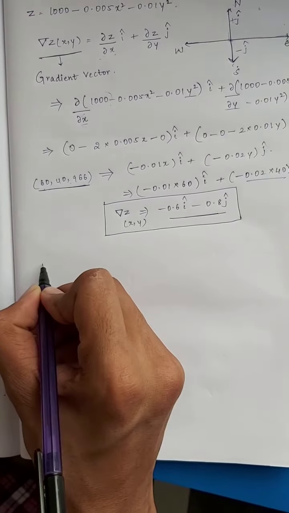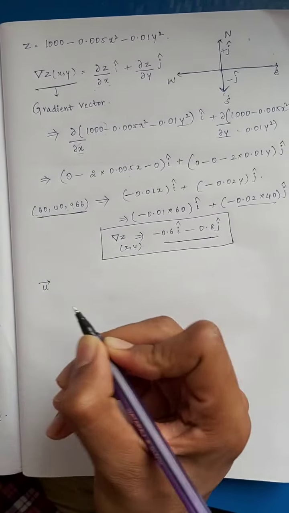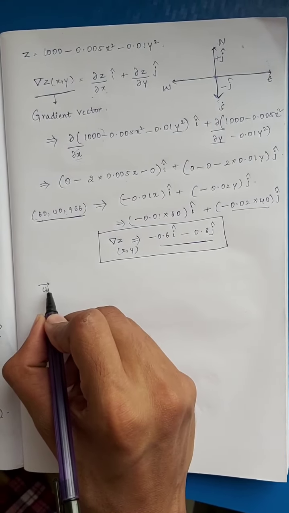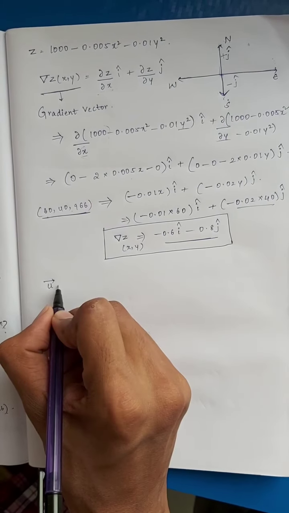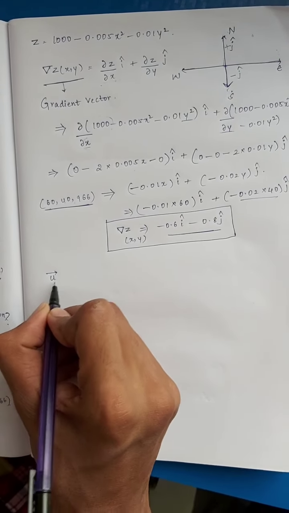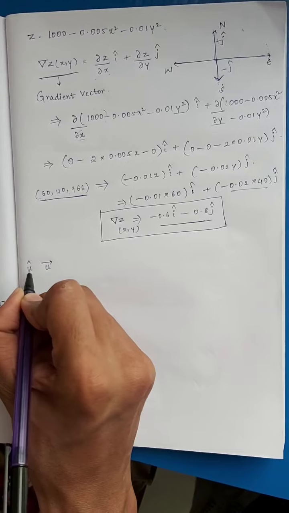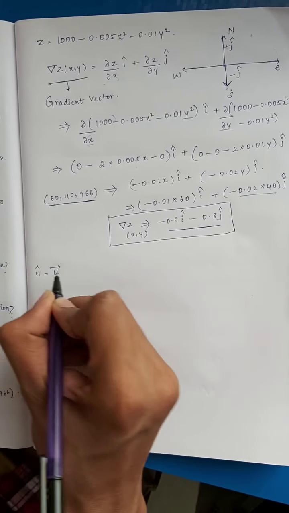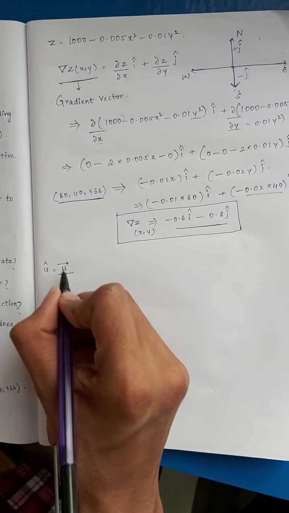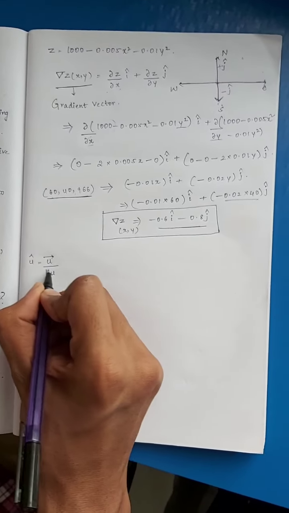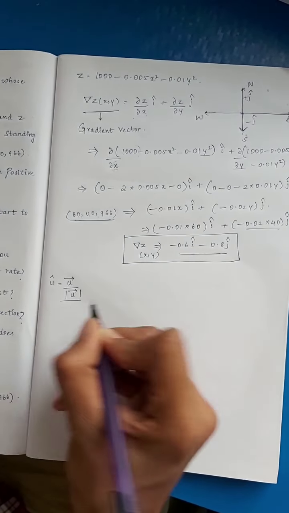Now we need to find the unit vector. Unit vector is defined as u cap, which would be the vector upon its magnitude. This is the unit vector.